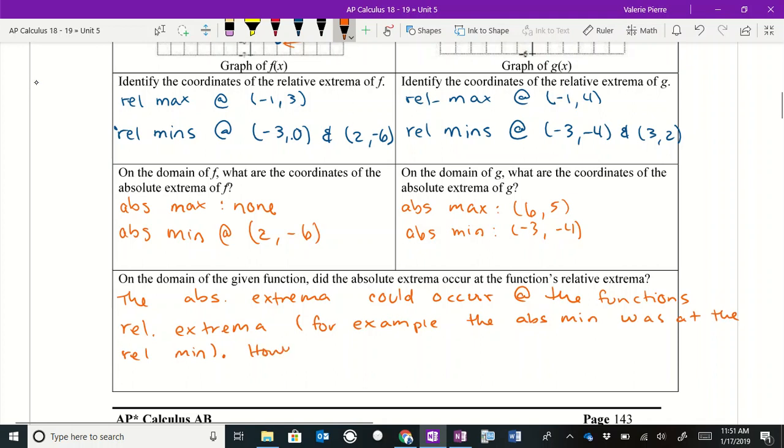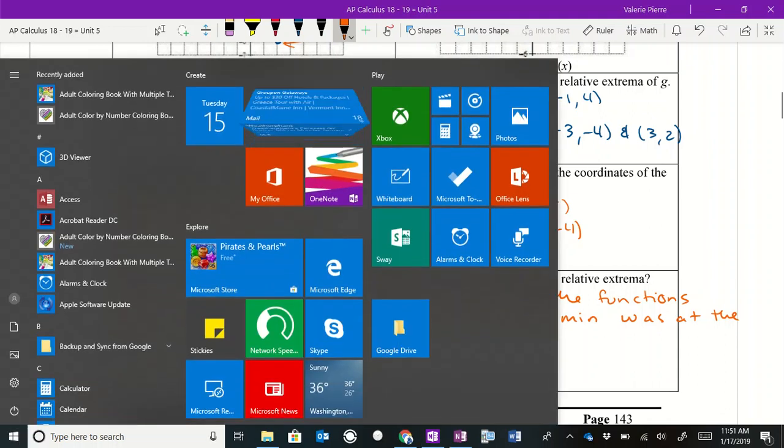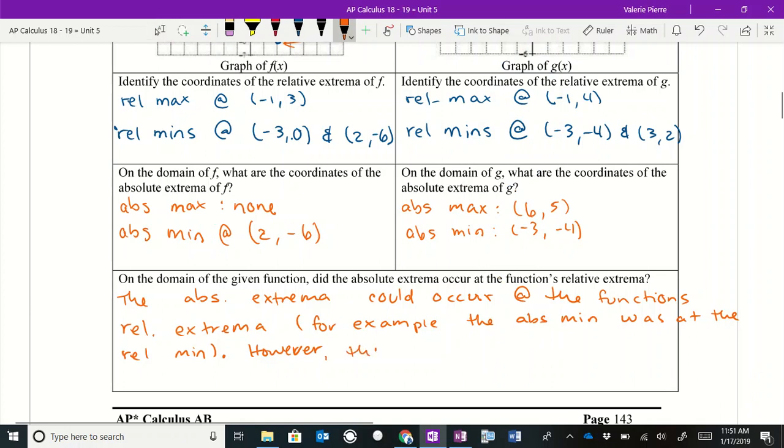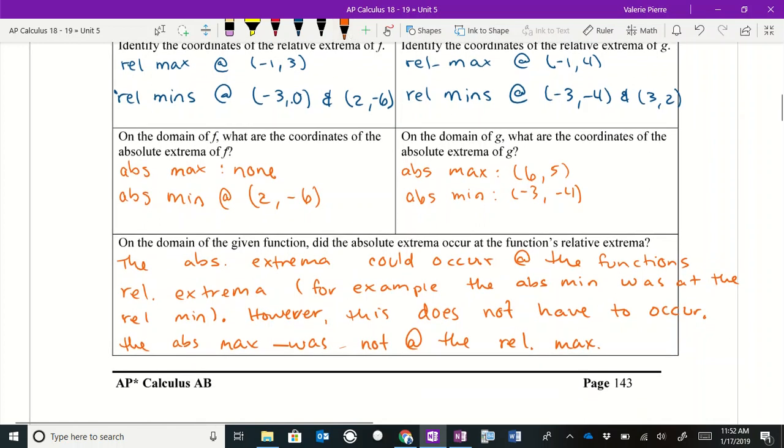However, this does not have to occur, right? Because the absolute max was not at the relative max, right? So the absolute extrema can occur at the relative extrema, but it doesn't necessarily have to.